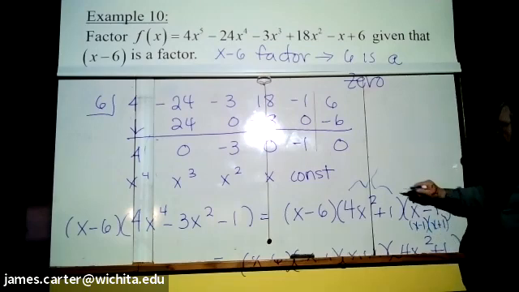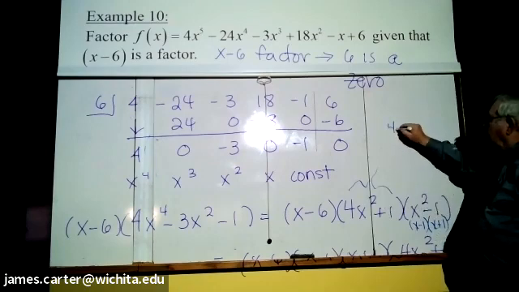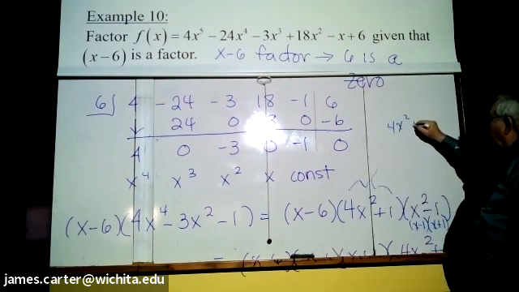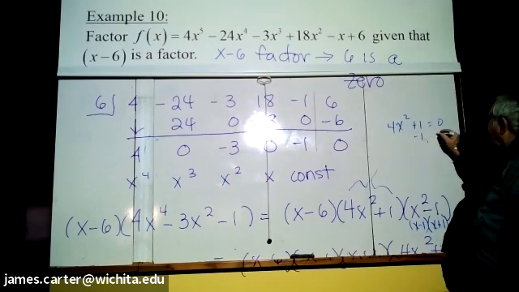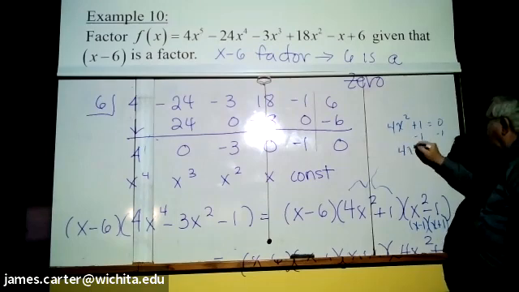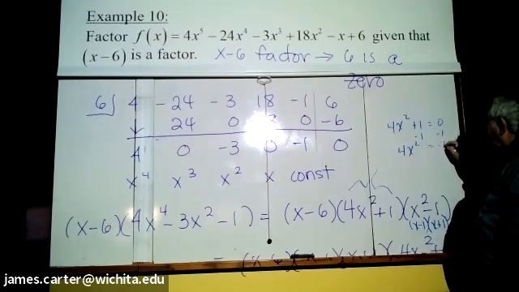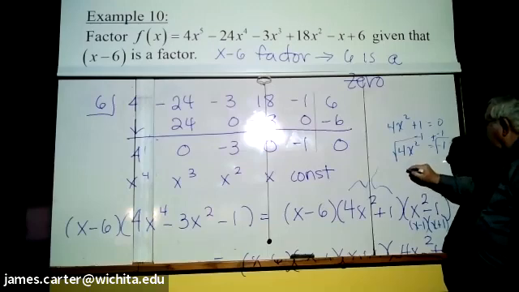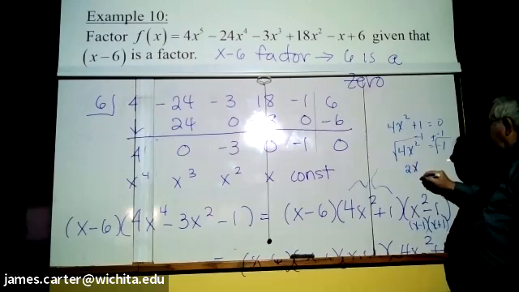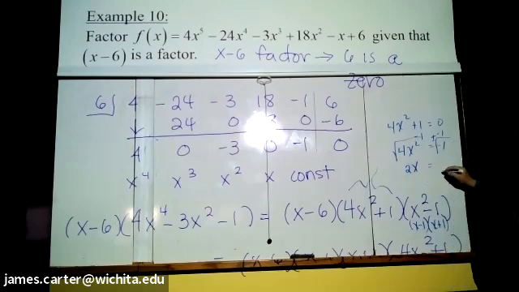But this, when we set it equal to 0, take the square root of both sides, plus or minus. We get 2x there, and over here we get plus or minus i.